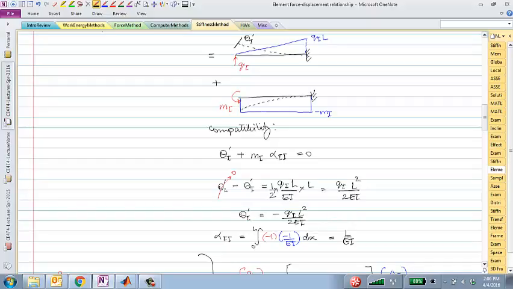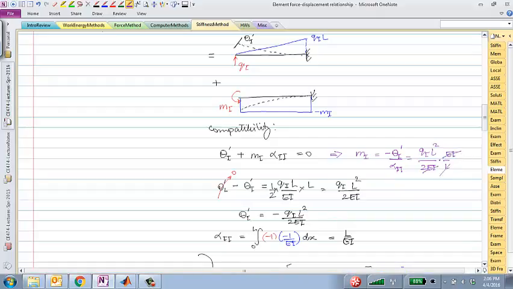So what this allows me to calculate is, using the compatibility equation, MI would be equal to minus theta I prime divided by alpha II, which would be QI L squared over 2 EI, and L over EI.